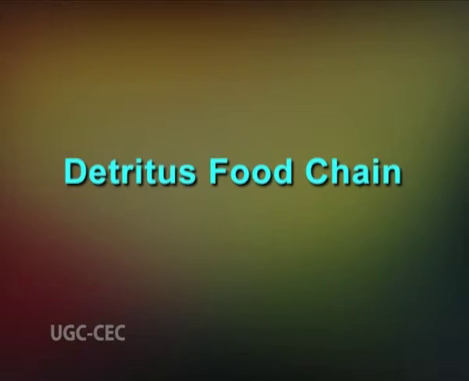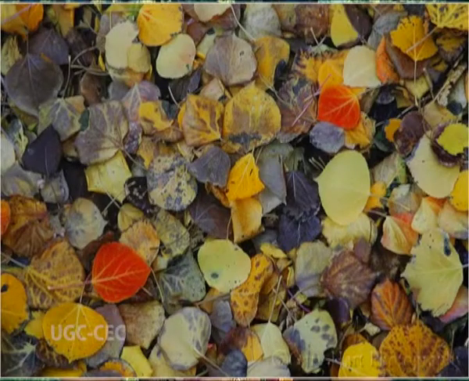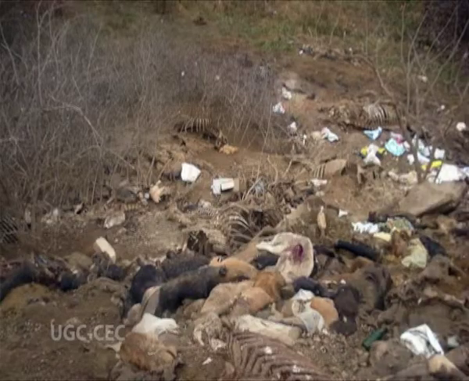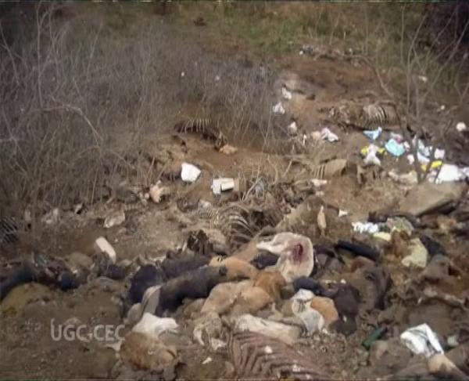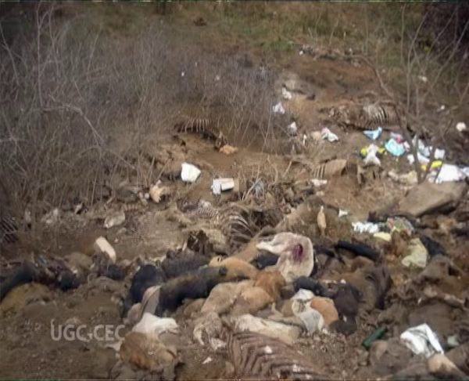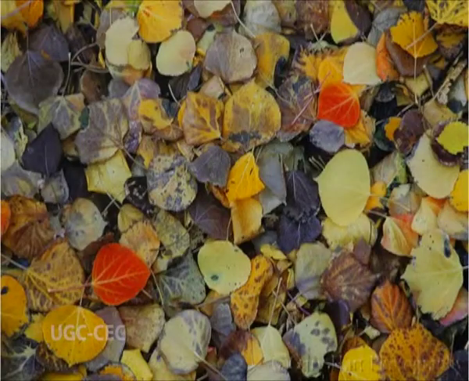Detritus food chain. The detritus food chain depends upon dead organic matter, either in the form of fallen leaves, etc., or dead animal bodies. Hence, these are not directly dependent on solar energy. The starting point in a detritus food chain is the dead bodies of animals or fallen leaves, etc., which are commonly termed detritus.